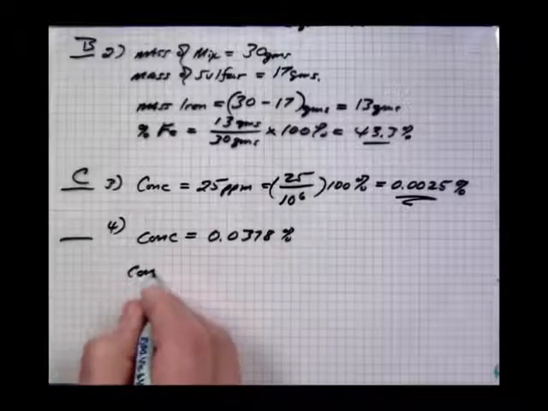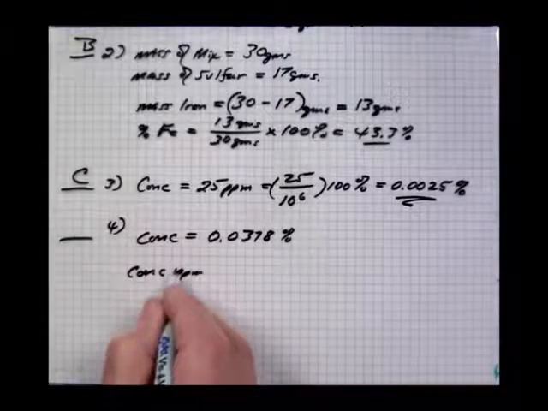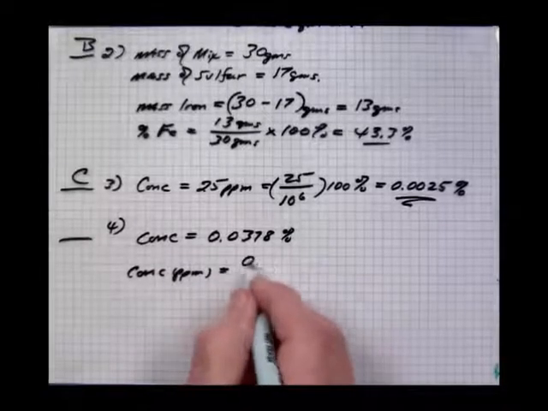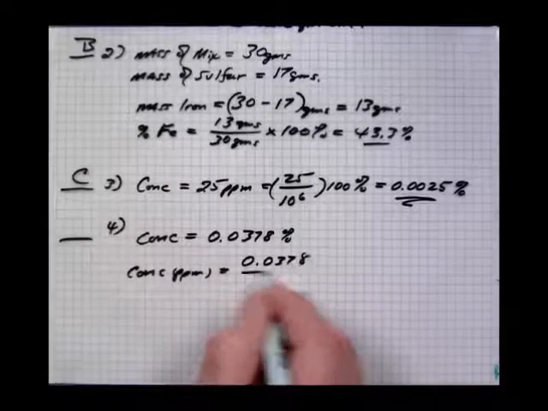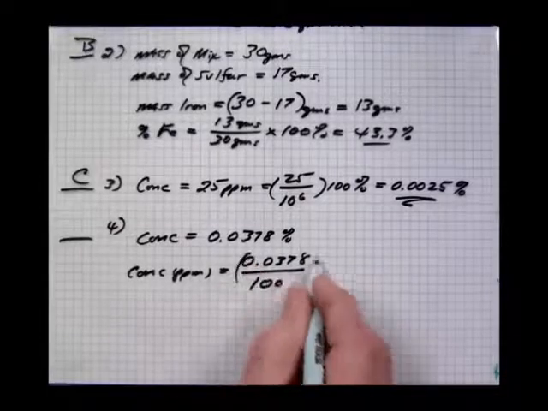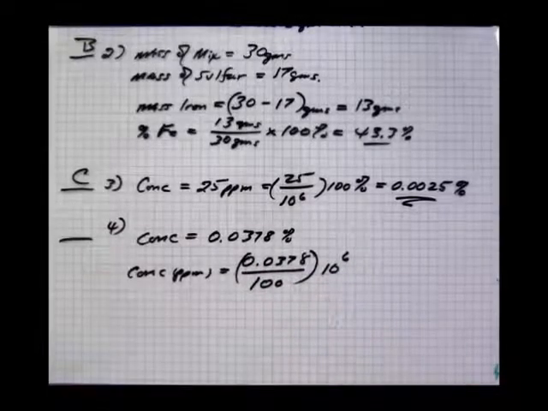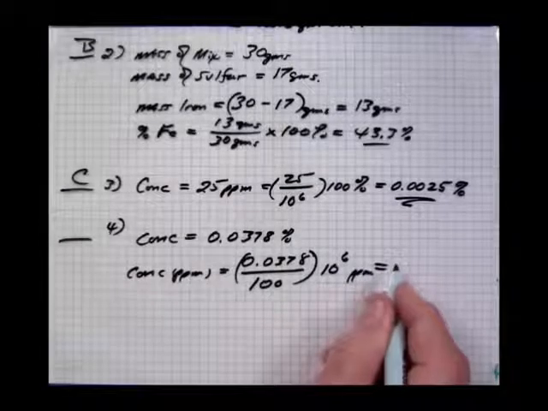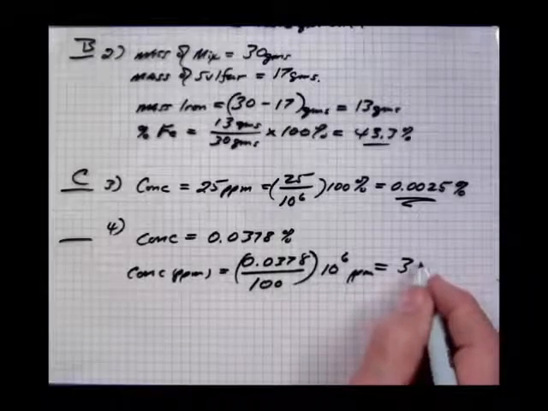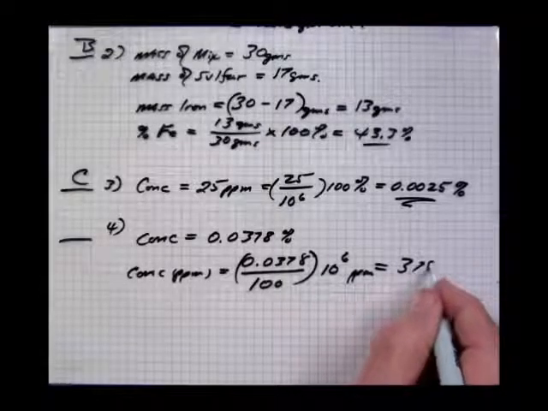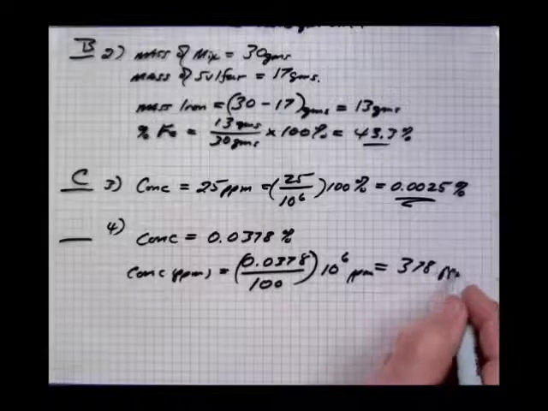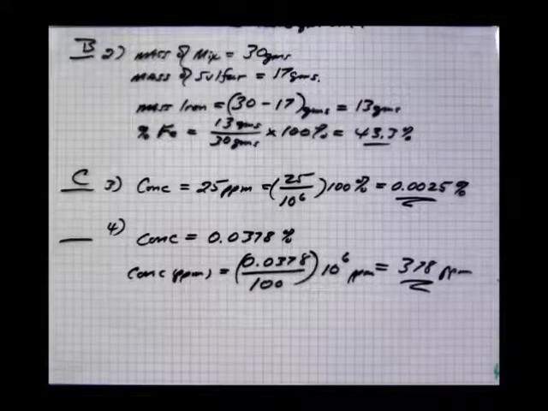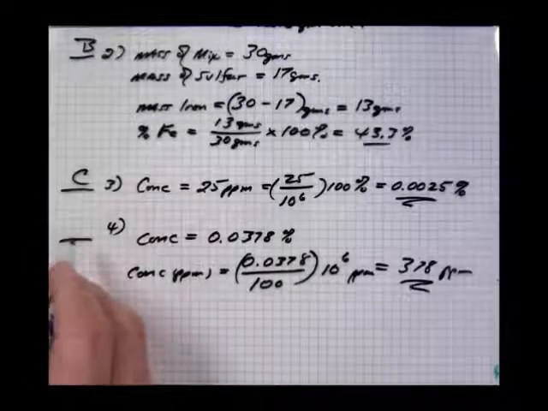Well, concentration in ppm is based upon interpretation of what the percentage is, and that is 0.0378 parts out of 100, and then times 10 to the 6, and that will be in ppm, 378 ppm. Okay, and B choice looks like.